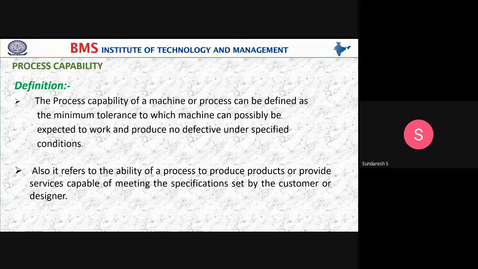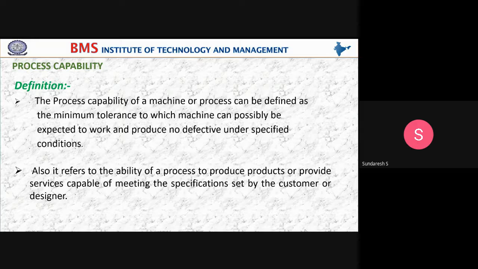See, when you look at the word process capability, that word is in relation with a machine, basically, or a process. Basically, it is the ability of the process to produce an output within the specification limits.